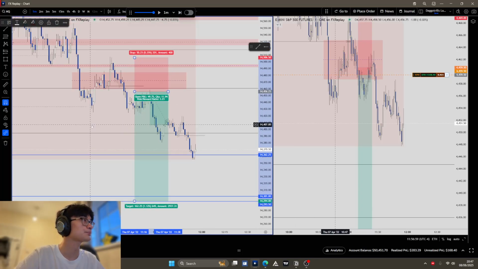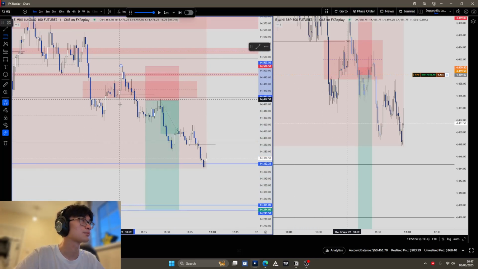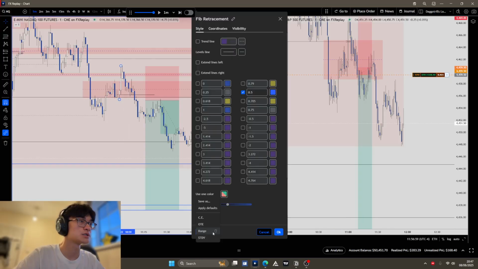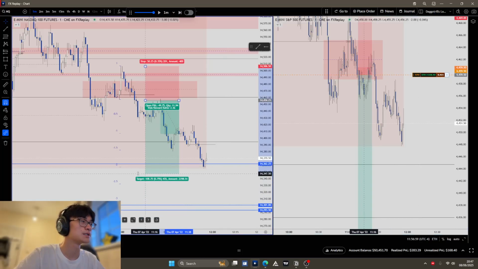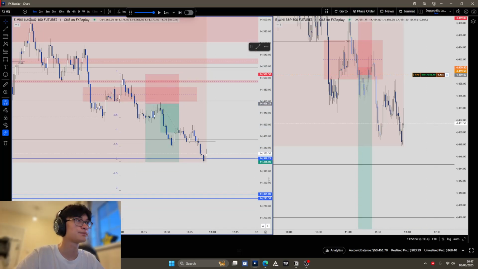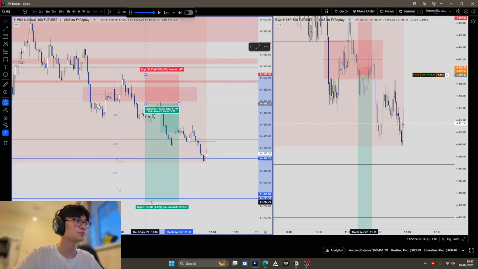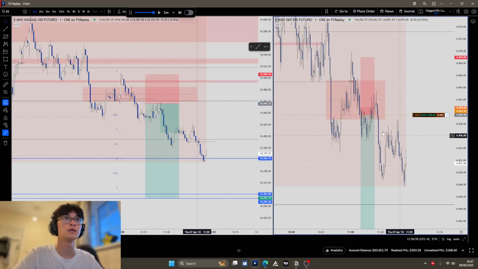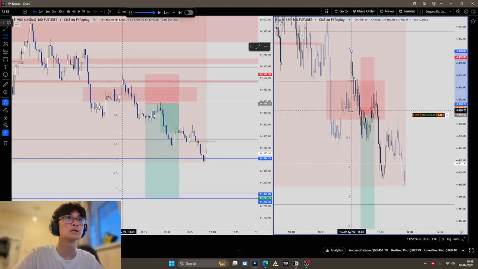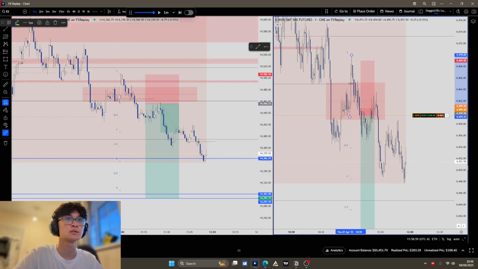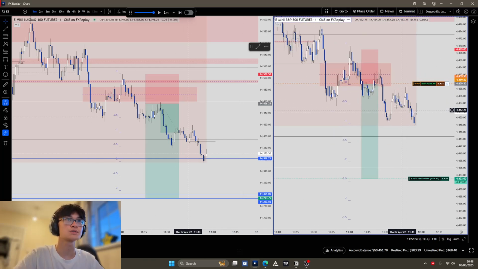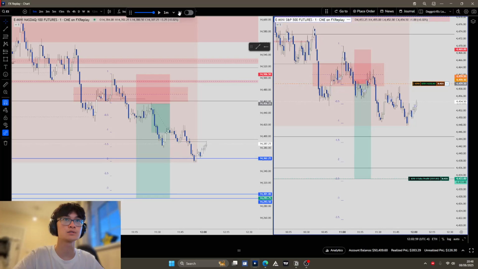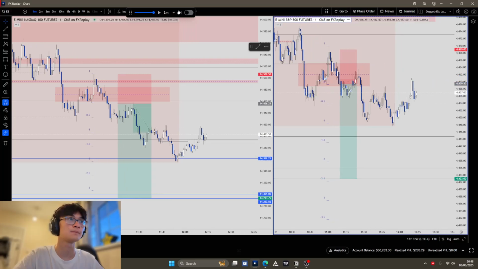No. Take a look at some deviation here. -2 has already taken out all my days. Yeah. So probably a partial right here, 1 to 2. And then on ES, it's only gone to a -1. No partials, unfortunately. We're just gonna let this stop us out.